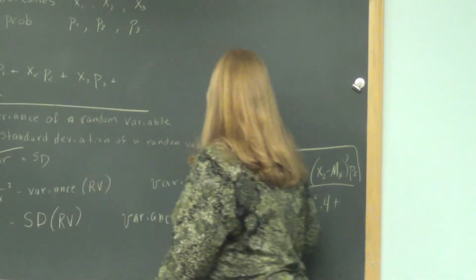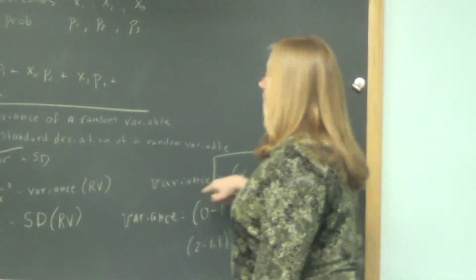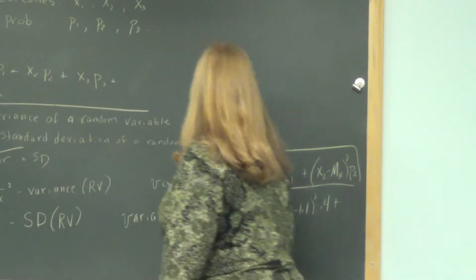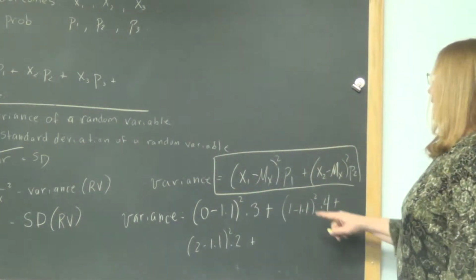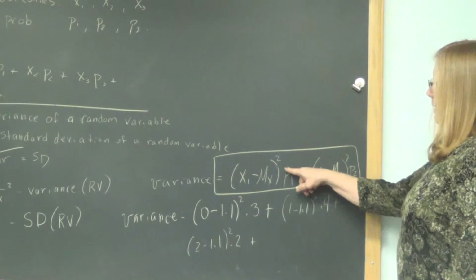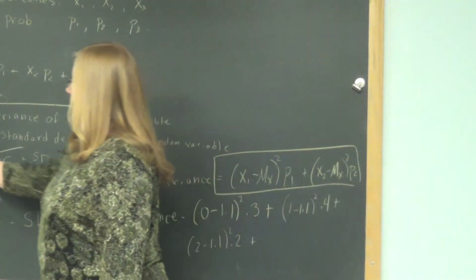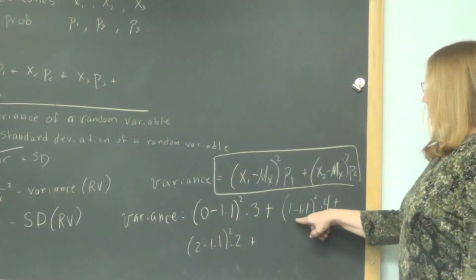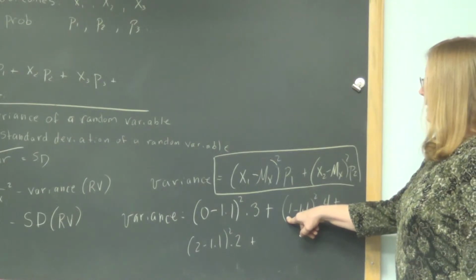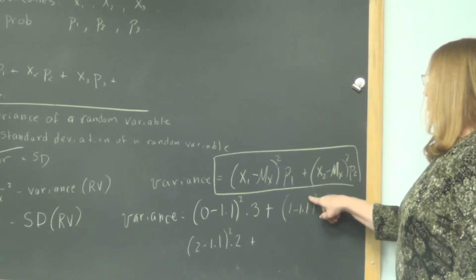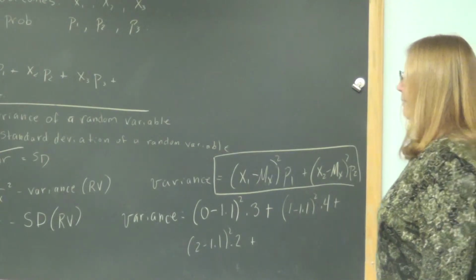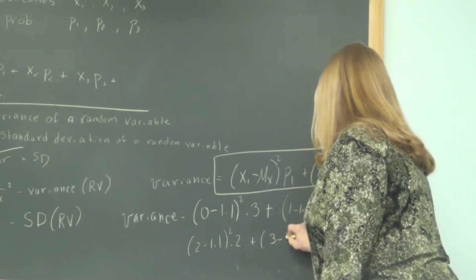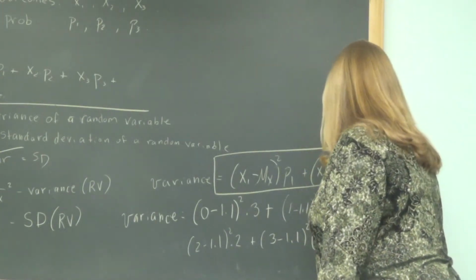Minus the expected value, which is what we calculated in the beginning of class. And probability 1, what's the probability of the first outcome? In the chart it's given as 0.3. So then we do that again. Second, the outcome x sub 2 is 1 minus 1.1 squared times its probability, 0.4, and so on, and so on. The last one is 3 minus 1.1 quantity squared times 0.1.